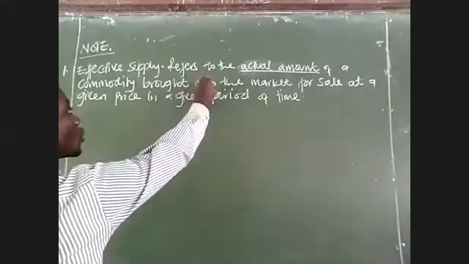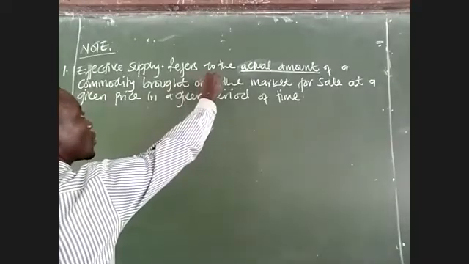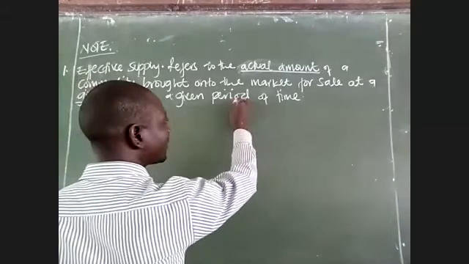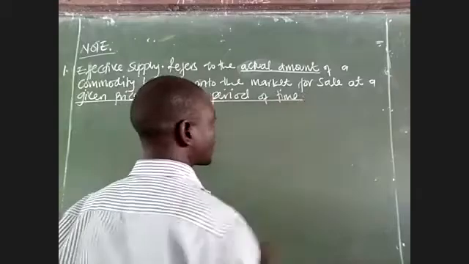This is onto the market for sale, onto the market for sale at a given price in a given period of time. Somehow, though, this is now supply.